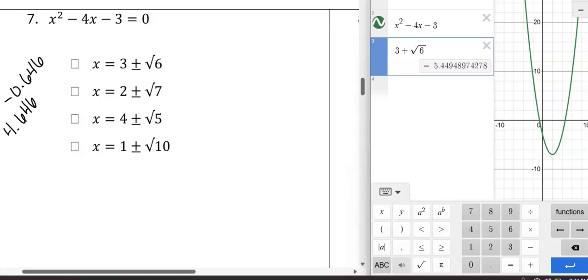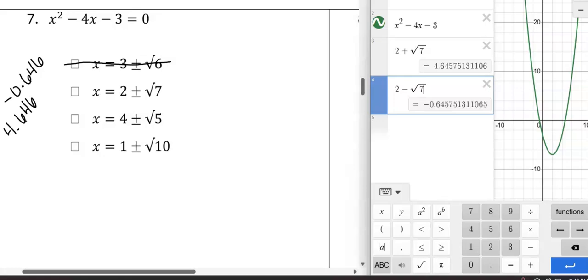Well, the first one is out, so it's not that one. The second one, that looks kind of close, 4.64. So let's try this one with a minus. Negative 0.64. That would be our answer. Here they're just rounding. They just rounded it.